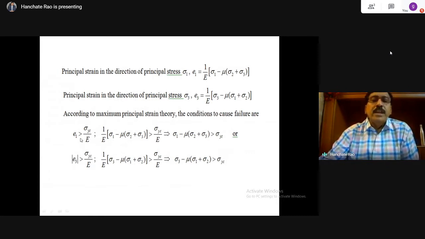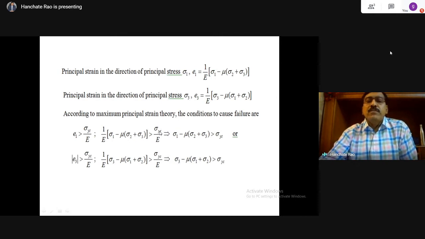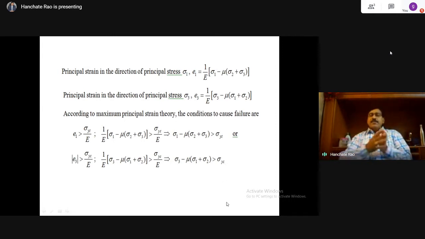For failure not to occur, e1 should be less than or equal to sigma yt by E, that is 1 by E into sigma 1 minus mu times sigma 2 plus sigma 3 equal to sigma yt by E, or otherwise, for the minor principal strain, sigma 3 minus mu times the other stresses equal to sigma yc by E, where sigma yc is the yield stress in direct compression. That is the maximum principal strain theory.